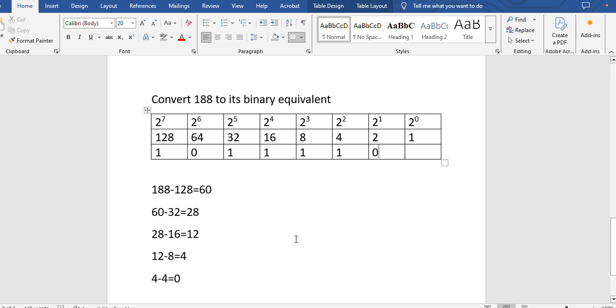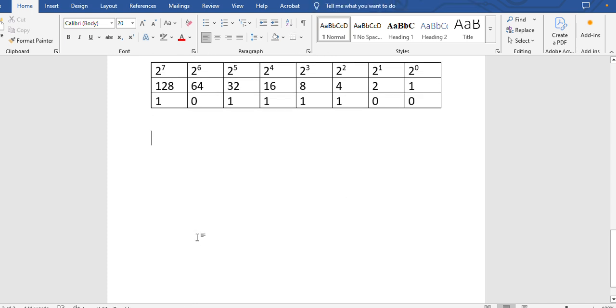And then when we subtract, 4 minus 4, we get 0. So we ask, is 0 greater than 2? No, it is not. So you write 0. And then the same, 0 greater than 1, it is not greater than 1. So you write 0. So the value that you get here is the answer for that question.